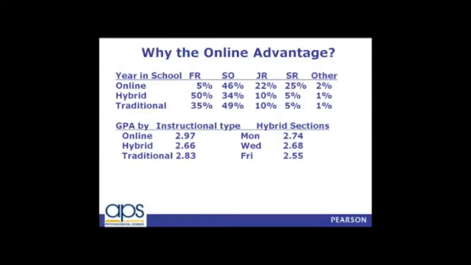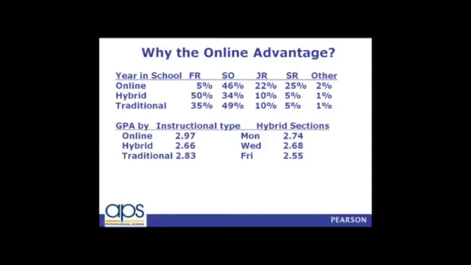Most were freshmen and sophomores. So the juniors and seniors may have become better test takers throughout their college career. Also, if we look at their grade point average at the beginning of the semester by instructional type, we find that the online students' starting GPA was much higher than in the hybrid or in the traditional course.